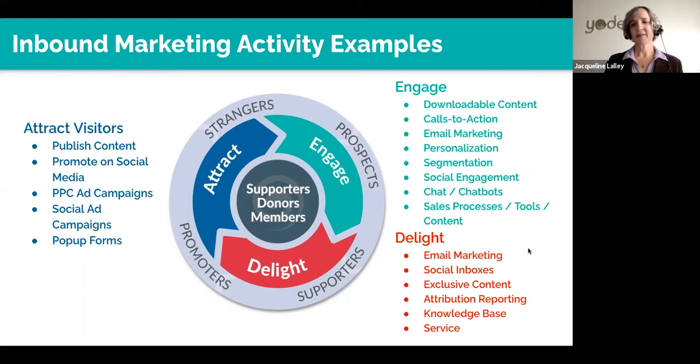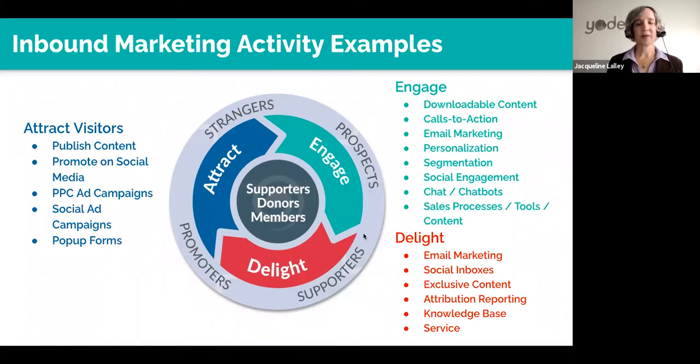And then finally, delighting. The activities that are associated with delighting include email marketing, social inboxes, services, knowledge base. There's lots of technology that can be used to actually delight people in the process of meeting their needs once they've gotten involved in the organization.